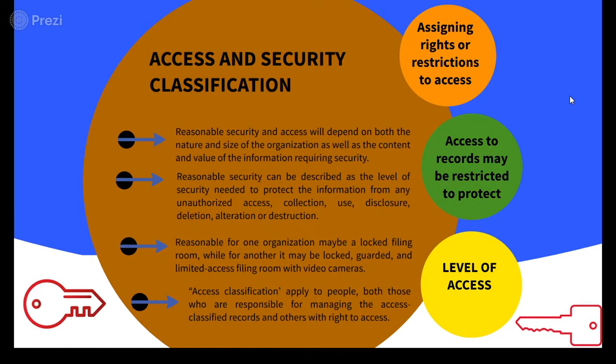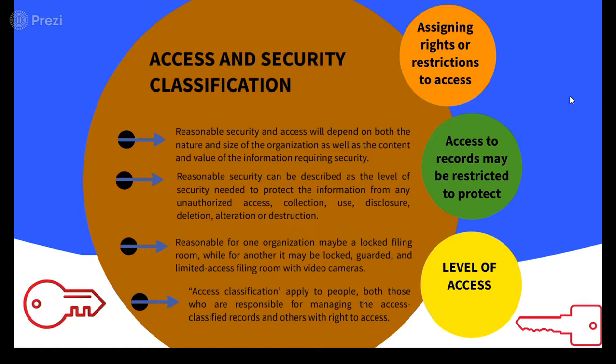This is topic number 4, access and security classification. Reasonable security and access will depend on both the nature and size of the organization as well as the content and value of the information requiring security.